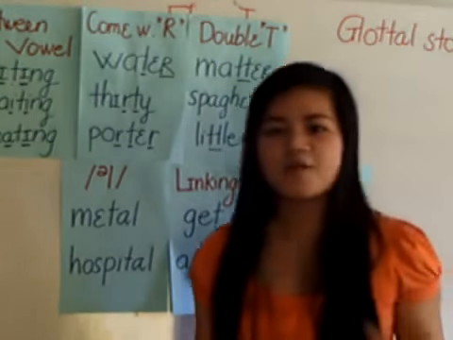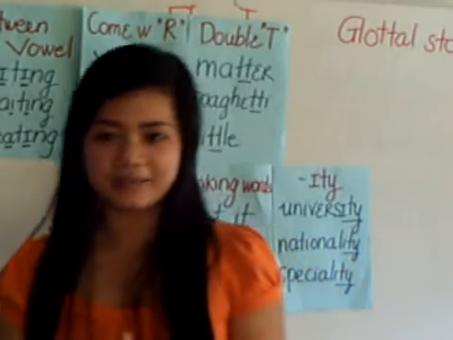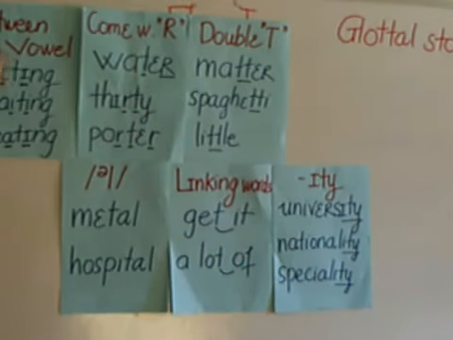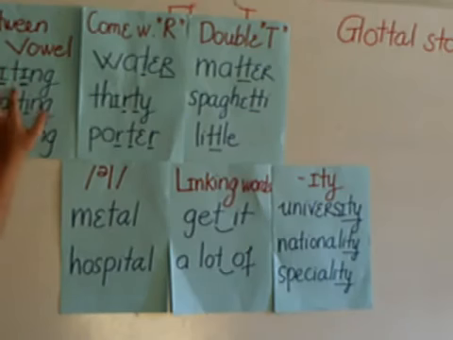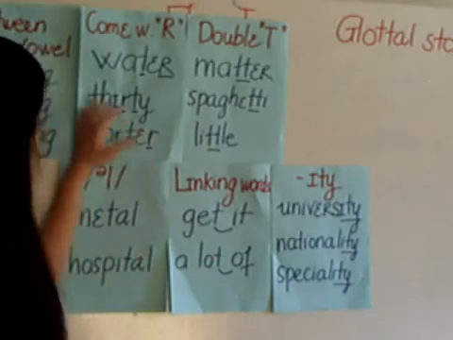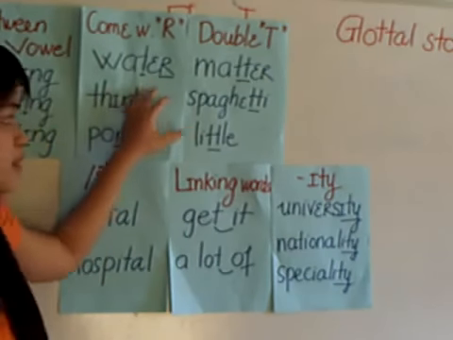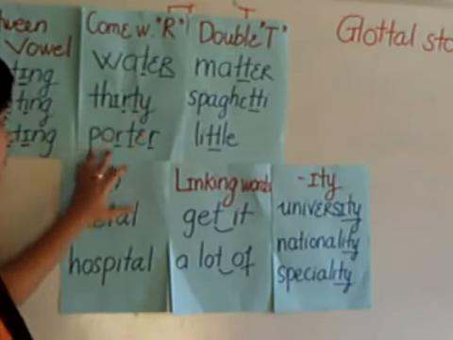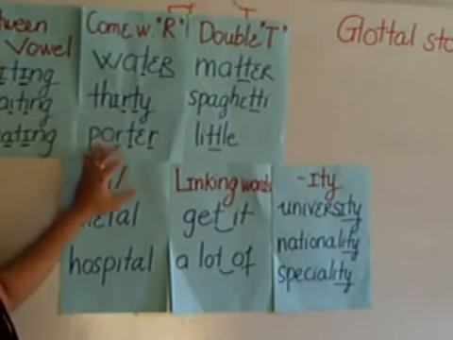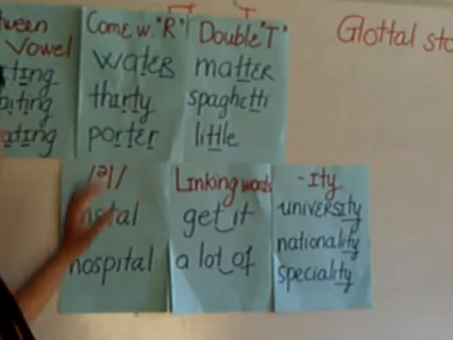Okay, let's review. There are six cases of flat T. The first one is when T stands between vowels, like biting, or when T comes with R, before R, after R, or before and after R, like water, thirty, and porter.